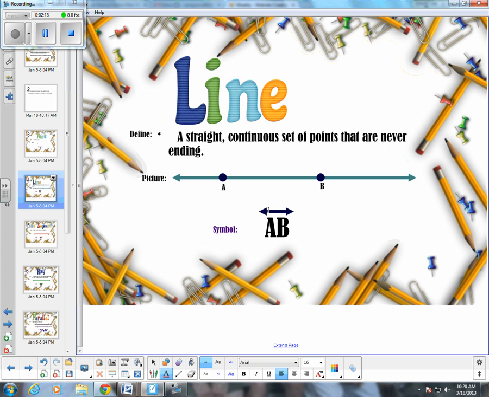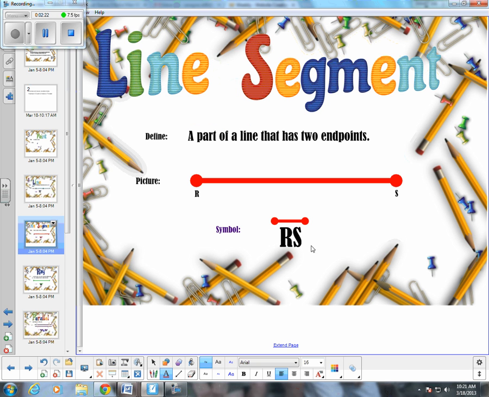Now notice the difference. The line symbol has arrows on the end, and the line segment symbol has points on the end. And then it's notated to give you the letters R, S. It could also be K, L, M, N. Lots of different letters that you can use to tell you the endpoints.